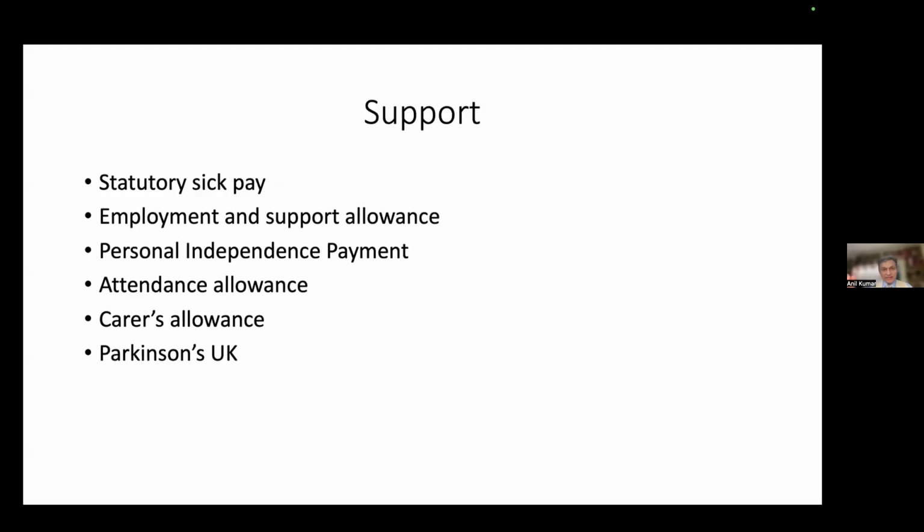They can also help with support: statutory sick pay, employment and support allowance, personal independence allowance, attendance allowance, carers allowance. And they can introduce you to Parkinson's UK, which is a very good organization that helps a lot. Lots of valuable information is present there. If you get time, you can have a look at that as well.